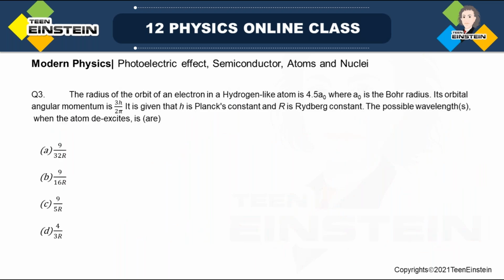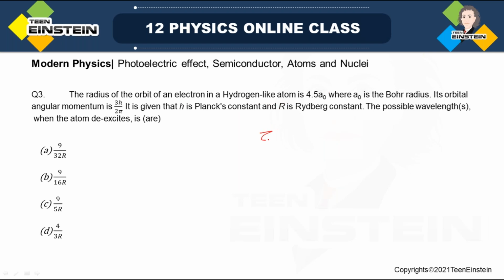Now we'll go to the third question. This is again an important question, let us solve this. This question says the radius of the orbit of an electron in a hydrogen like atom, not hydrogen.